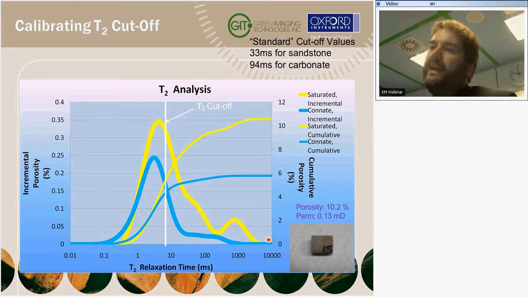And what we do with that is we take that line and multiply it point by point with the yellow line to derive the bound fluid. So it's a gradual cutoff, if you will. It's given by a weighting function or an equation, and people have used that. You might ask yourself, why use it?